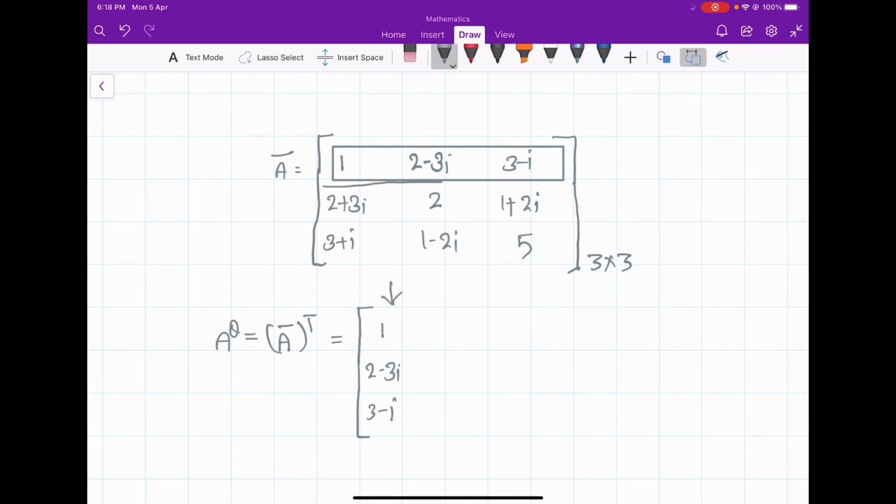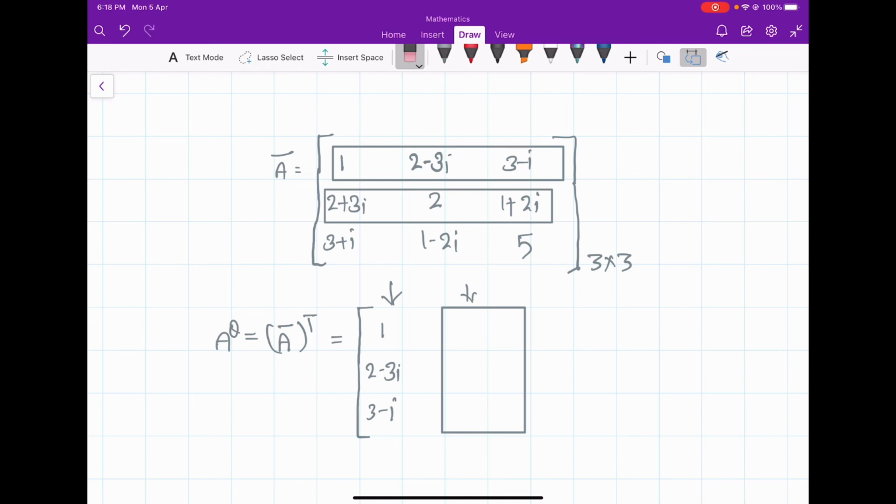The other row you write in this column, so you will write 2 plus 3i, 2, and 1 plus 2i.